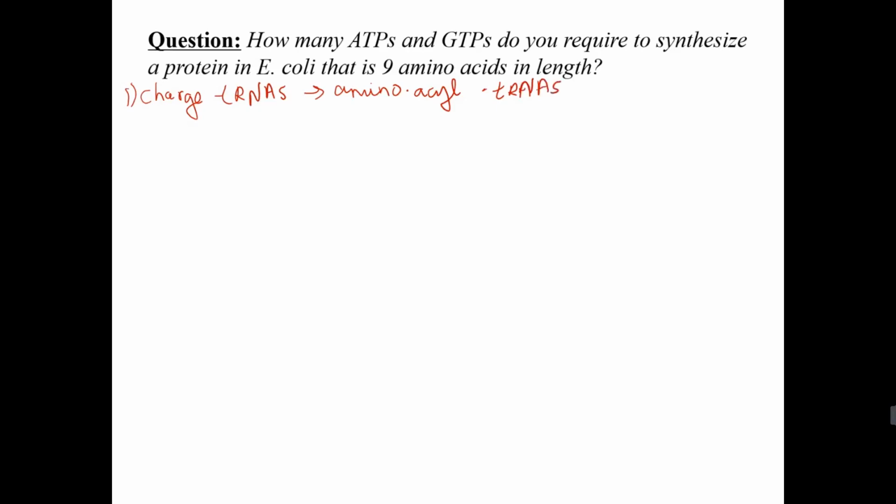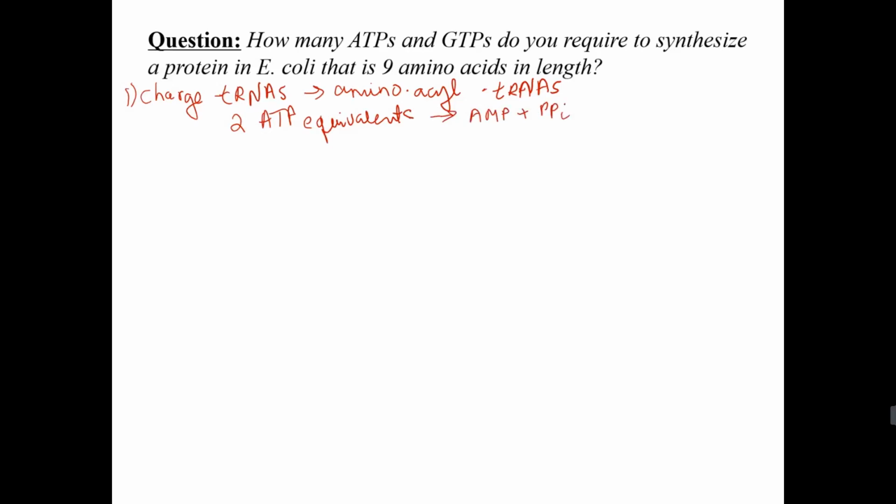And if you remember back, we said we need at least 2 ATP equivalents to charge each tRNA. And why do we need 2? One is basically for the synthetase, and then the other is for taking the amino acyl adenylate that's formed and then released upon charging of the tRNA.